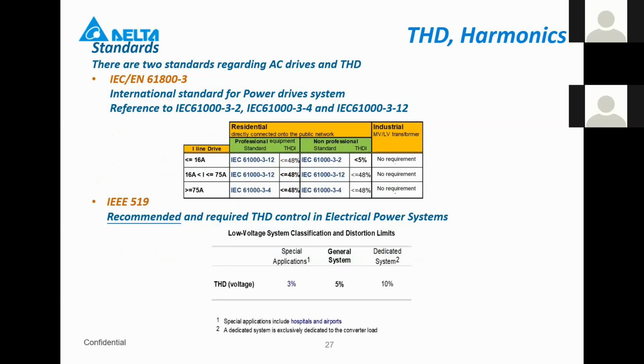Some standards. There are two standards known. The one is the European one, IEC EN 61800-3. Here you see also the table. In this table you see that for inverters the THDI has to be lower than 48%.